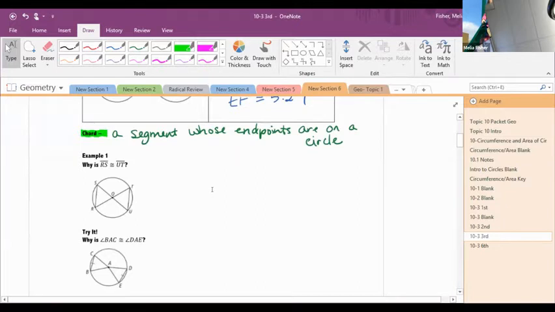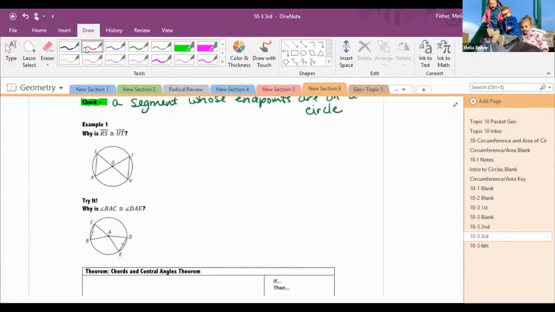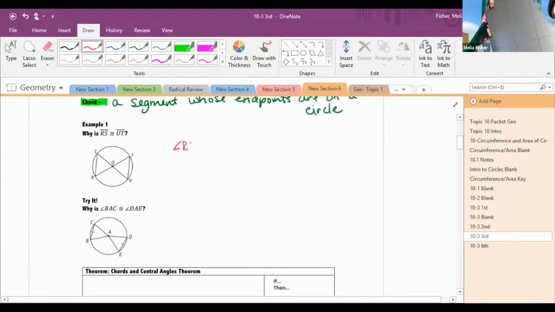Okay, we're going to look at example 1, and it's asking us why RS is congruent to UT. So basically, we're going to prove why that is true. First things first, what can you tell me about angle RQS and angle UQT?